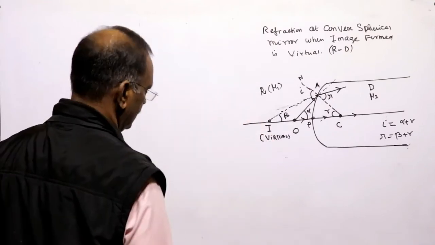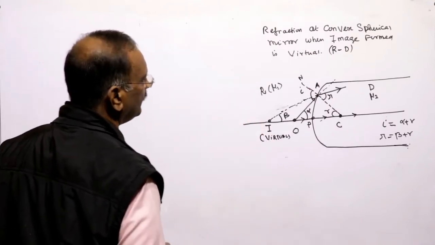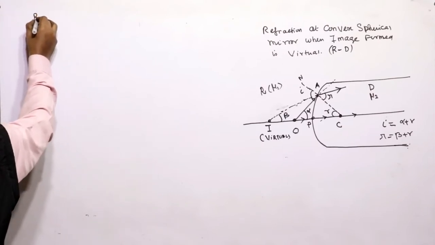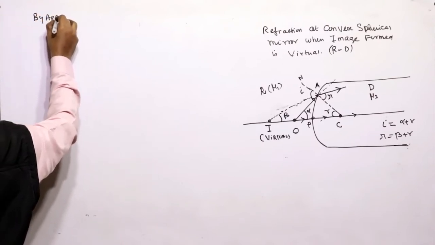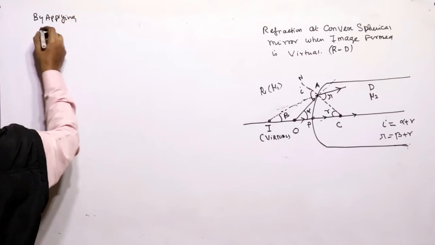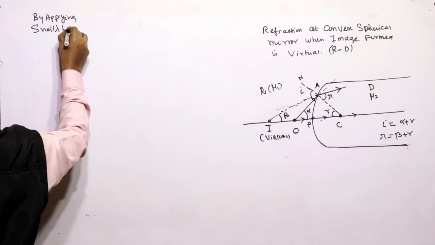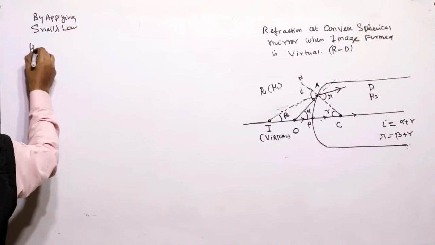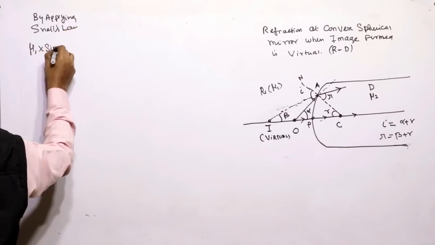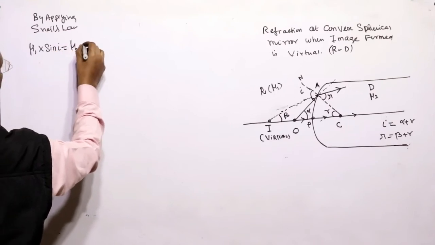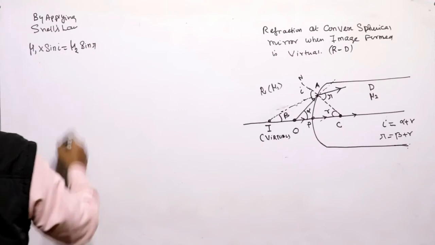Okay. Now we have to find out i and r. Now we have to find out alpha, because by applying Snell's law, refractive index 1 into sine of angle of incidence is equal to refractive index of second medium into sine of r.